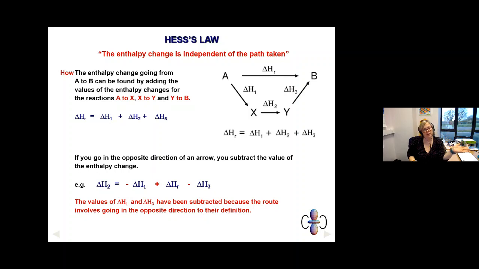Work out the enthalpy or the energy for one route, and then work out the energy for another route, and the difference between them must be the unknown value. So you'll often hear your teacher saying the rule that clockwise arrows are equal to the anti-clockwise.